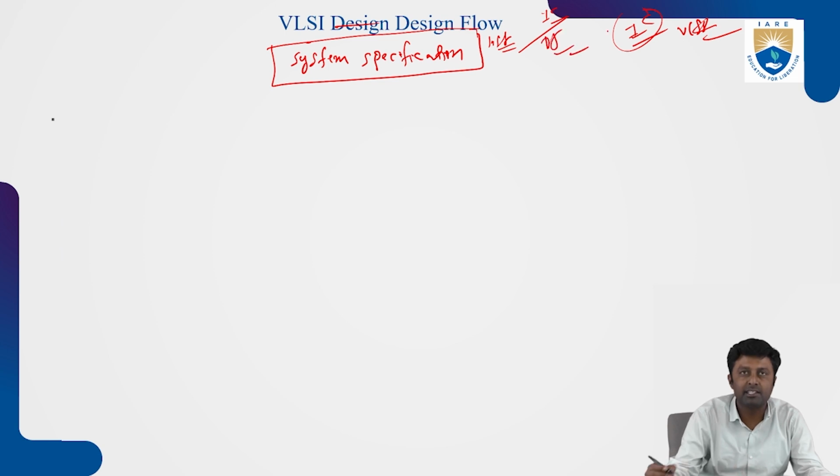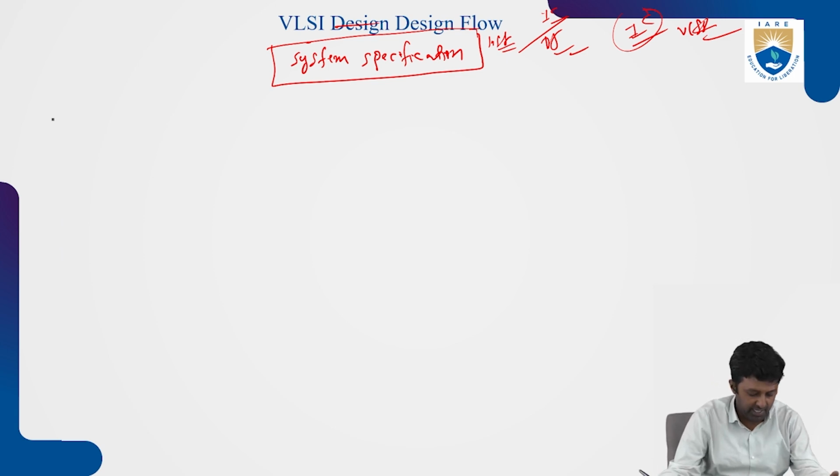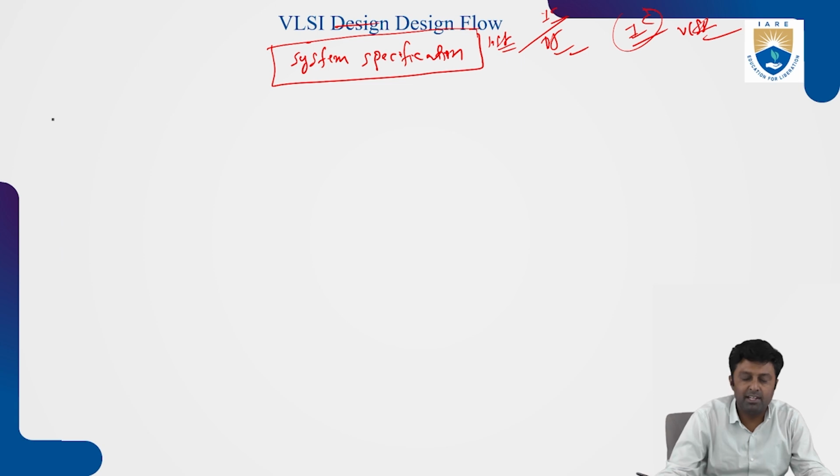All these things will be recorded in the system specification. It is called the high level report of the system, the main specifications of the system we are going to design.